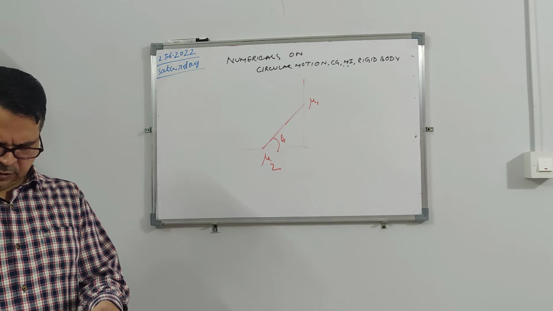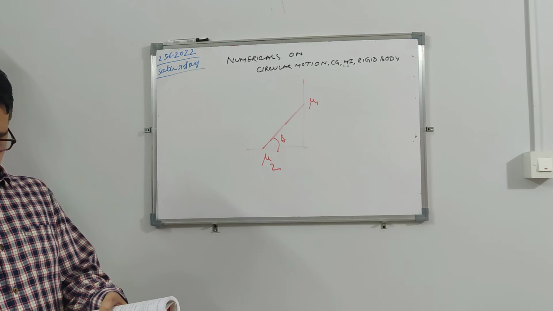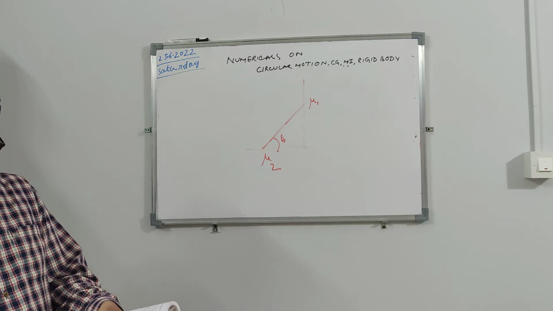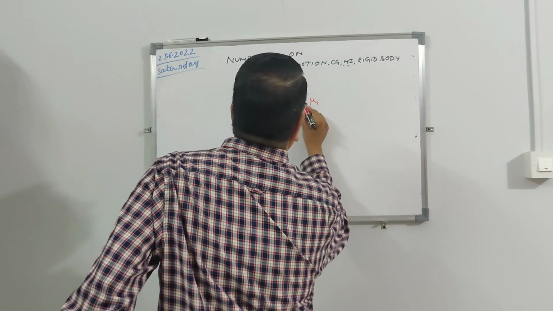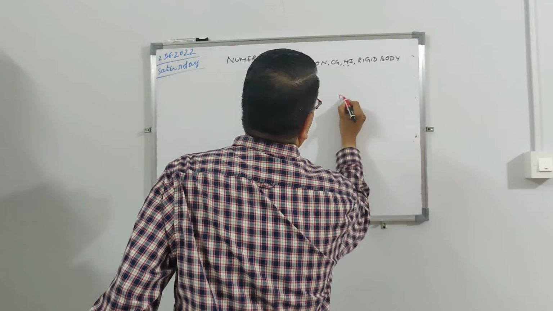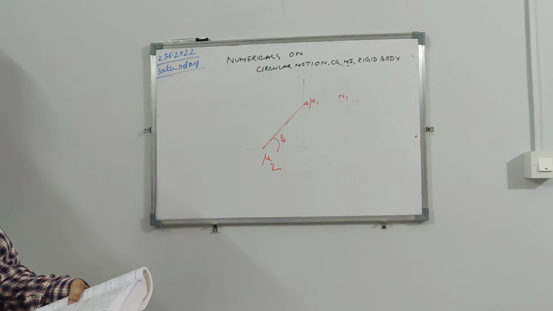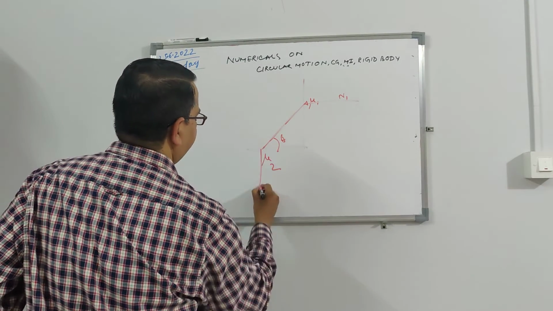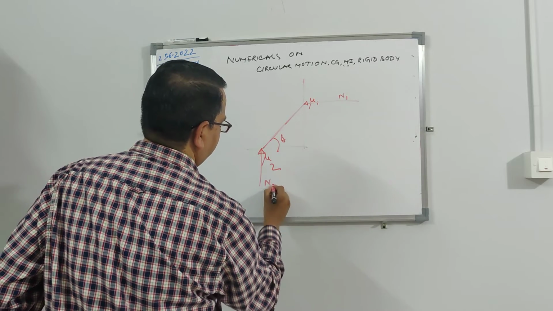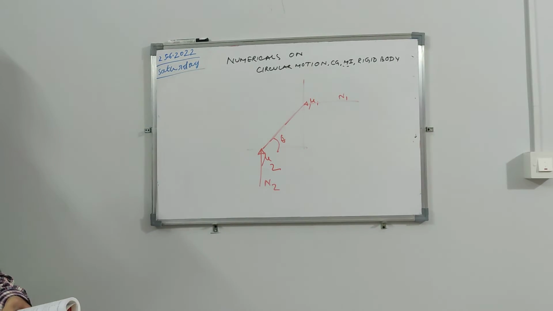The normal reaction of the wall on the ladder is N1. When something is touching, there will be a normal reaction N1, and on the floor there will be another normal reaction, N2.